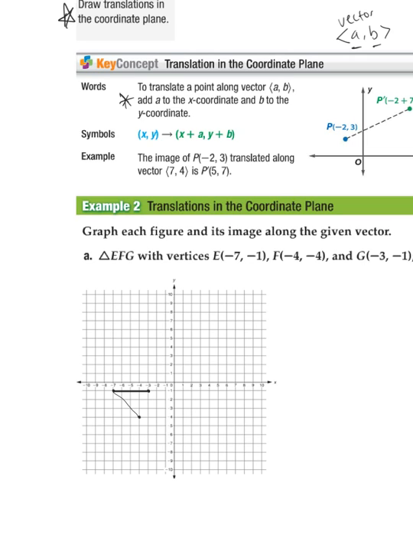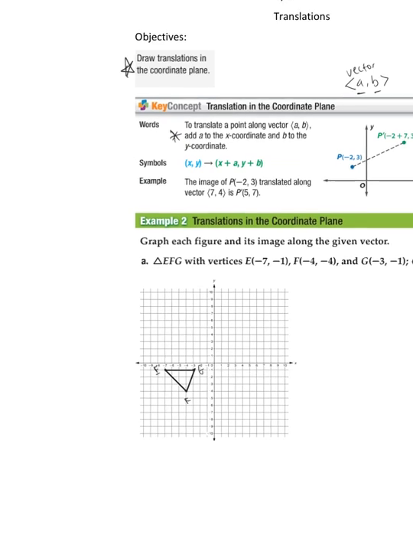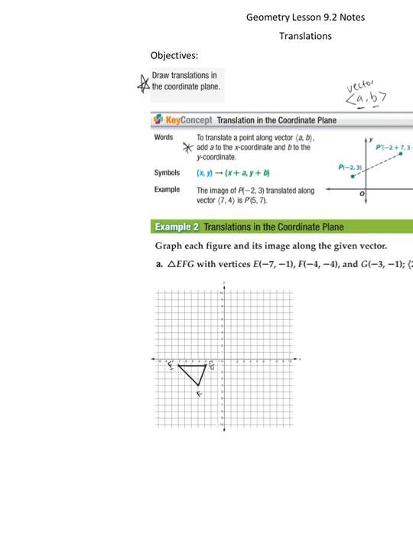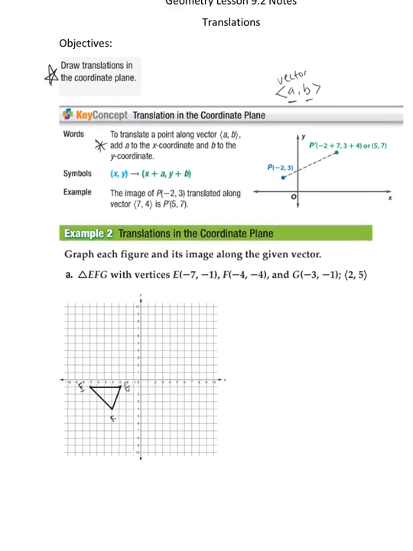Let me finish drawing this triangle here. All right, so this is E, F, G. We're going to translate those points along the vector 2, 5.